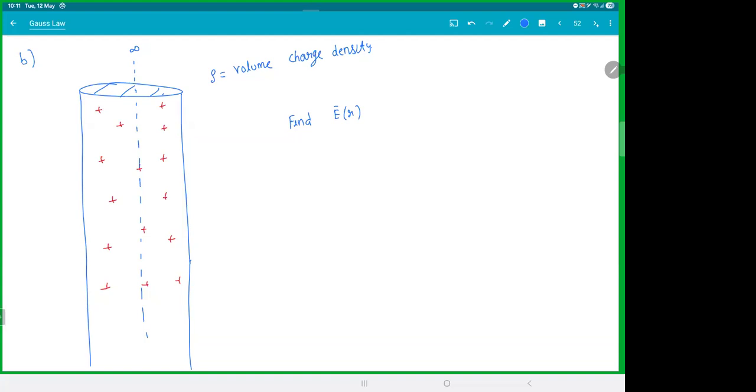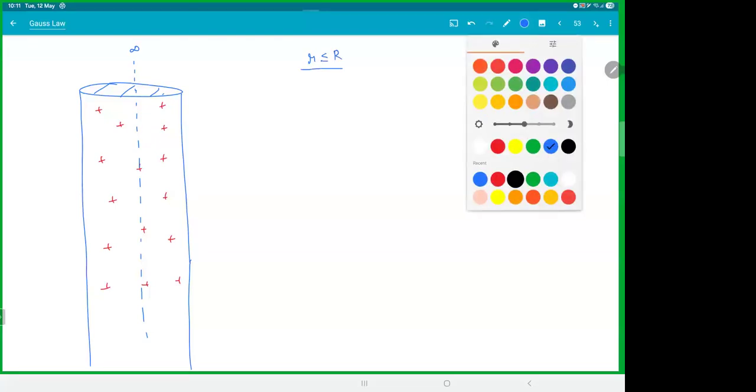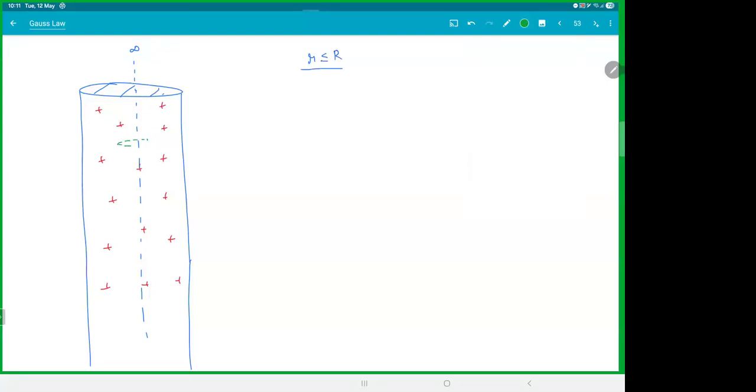Okay, let's see. Same story. Let's take r less than R. Consider a Gaussian surface inside. Small r less than R is inside. Length L. So same idea there. So flux will be E into the surface area.